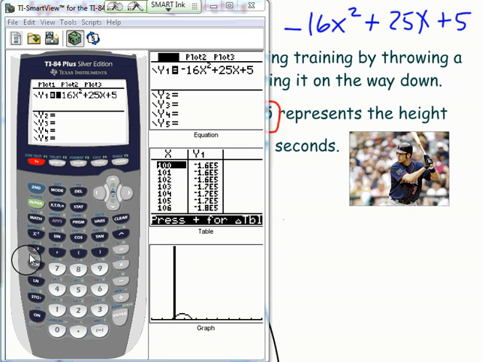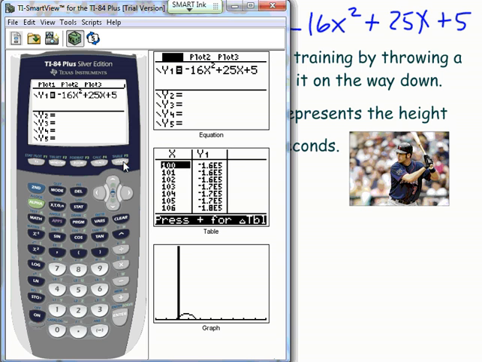All right, once you got that in, then the issue is going to be when you hit graph, it probably isn't going to look very nice. And we need to think about this and set our window accordingly. Okay, go to window. And do you get that I need to make this not as wide? My window only needs to go over for x's.